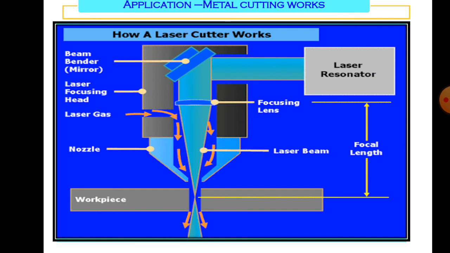Along with the nozzle over the metal, the laser gas is sprinkled over that nozzle. So a sharp-edged laser beam is formed which is used to cut the metal in various shapes.